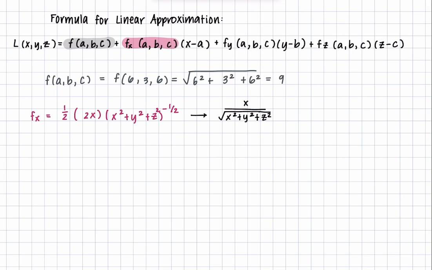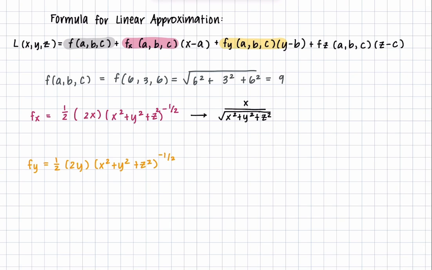Now let's move on to the partial derivative with respect to y. To obtain that, we're going to do the same thing as above. I take the partial derivative with respect to y, times x squared plus y squared plus z squared to the power of negative 1/2.